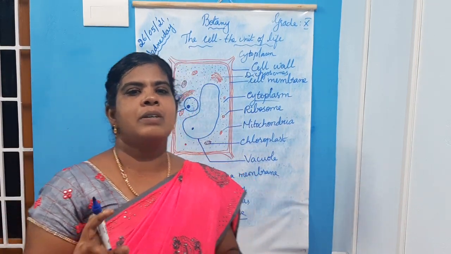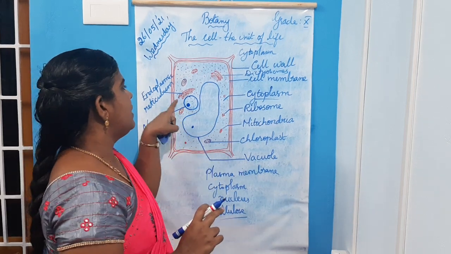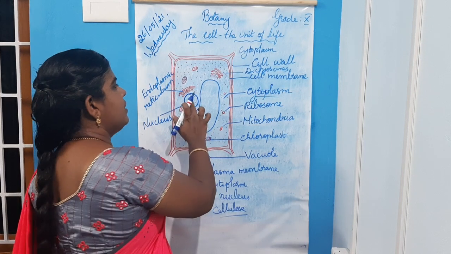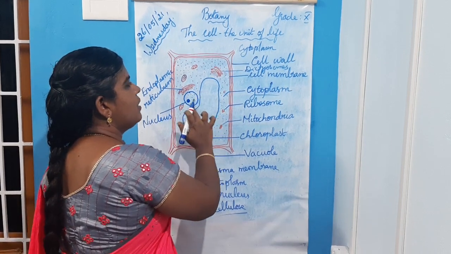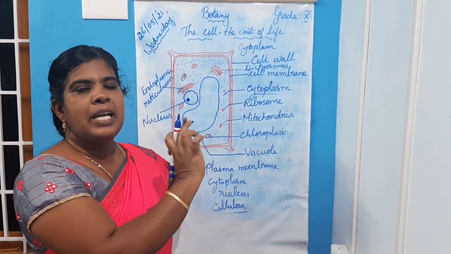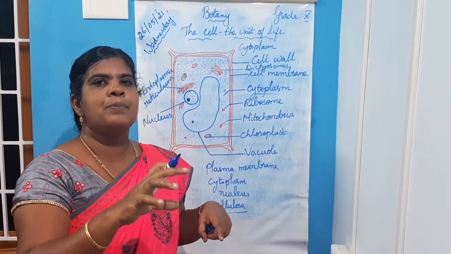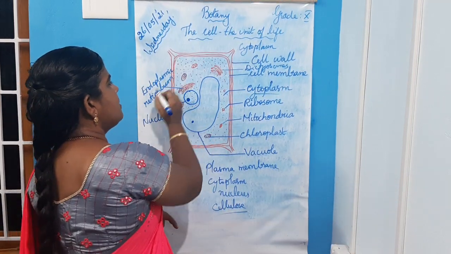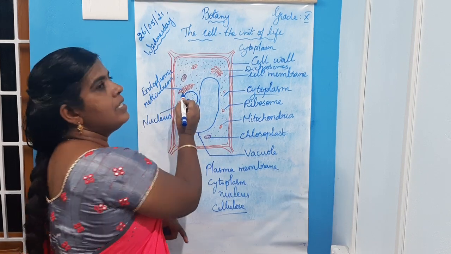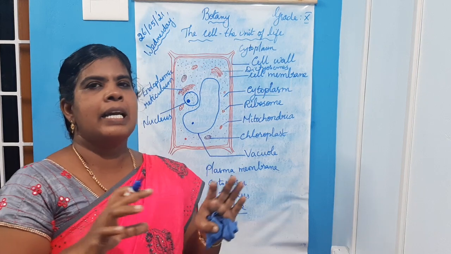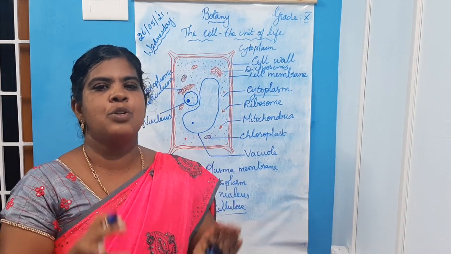Okay, first the endoplasmic reticulum. This endoplasmic reticulum is associated with the nucleus, the central body. Then it forms a network-like structure in the cytoplasm.